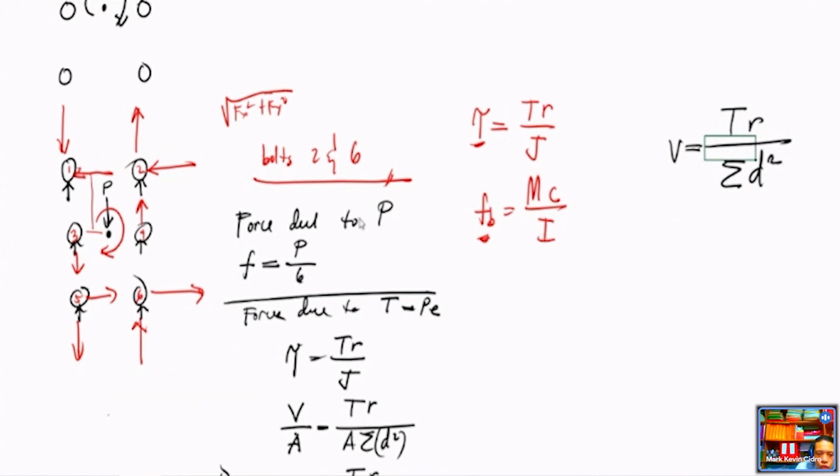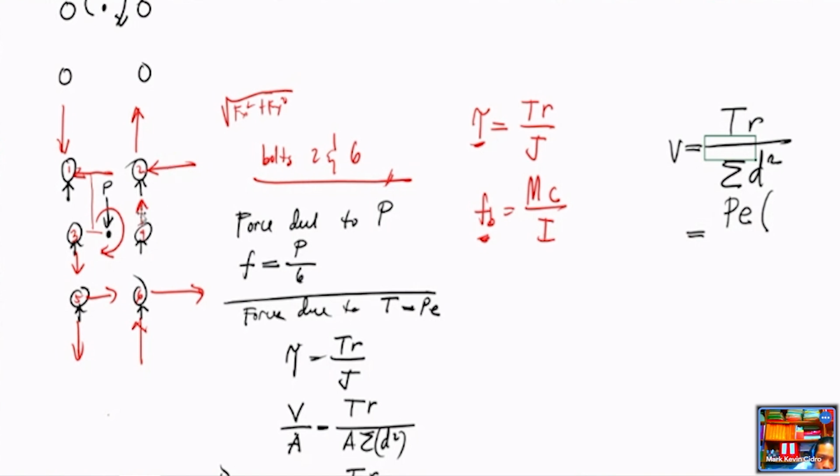Let's solve first the force. We have bolt 2 because bolt 2 is one of the most vulnerable bolts. That is the torque. What is torque again? P times e, multiplied by R, the perpendicular distance from the centroid to that force.